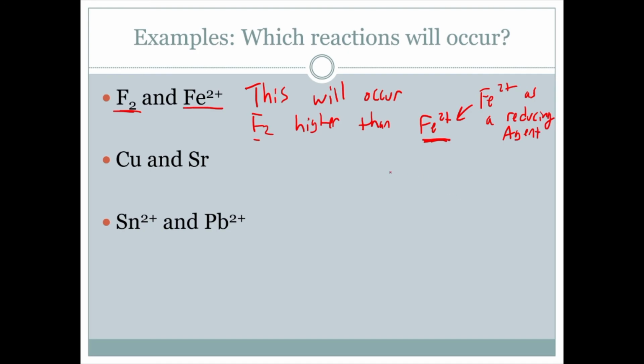Not all metal ions appear as both reducing agent and oxidizing agent, but some do. The next one, copper and strontium. These are both the elemental forms, so the solid forms. They're both on the reducing agent side, so this reaction will not occur.